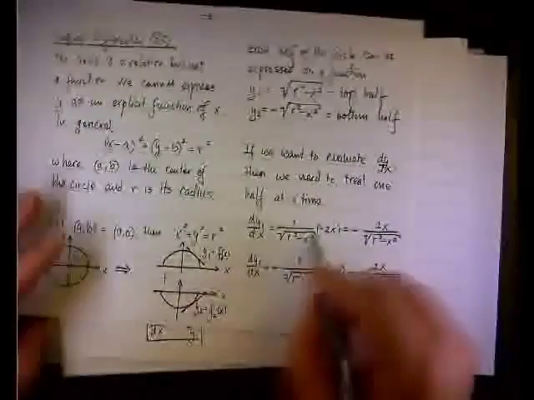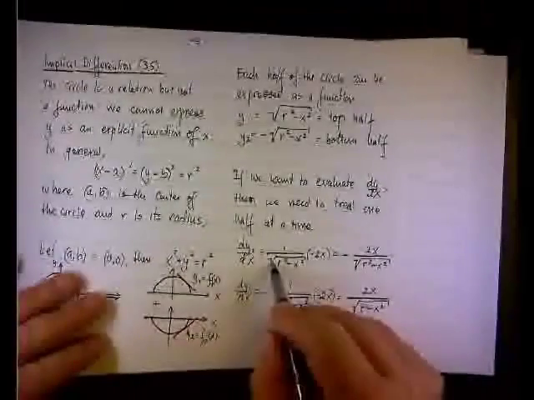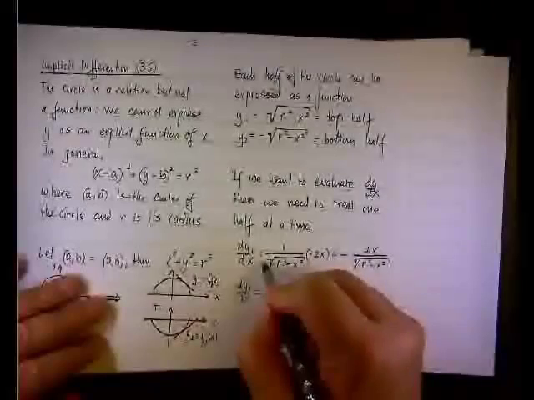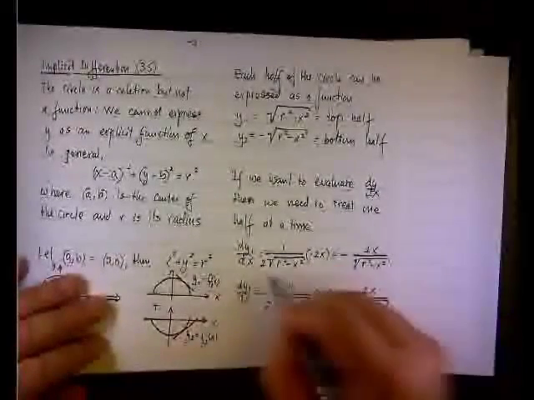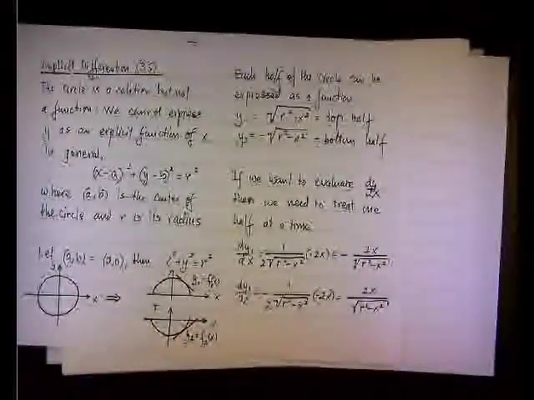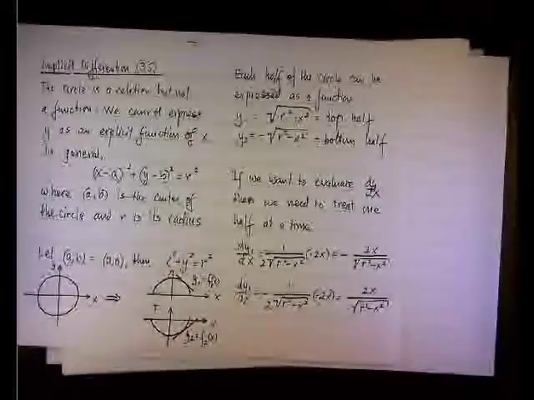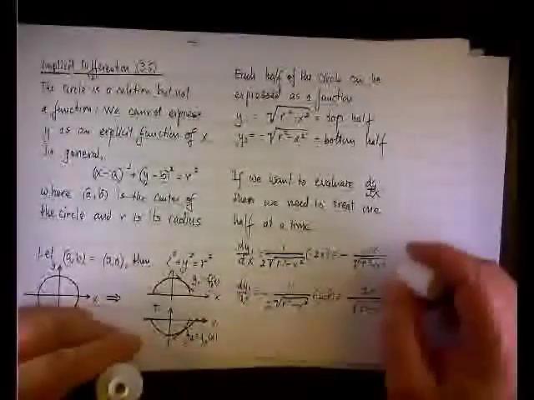Okay, this is where I screwed up. This is 1/2, this is 2, and this is 2. And the 2 and 2 cancel out. So this is the mistake I made. Remember, the derivative of square root of u is 1 over 2 square root of u, and I missed that part.